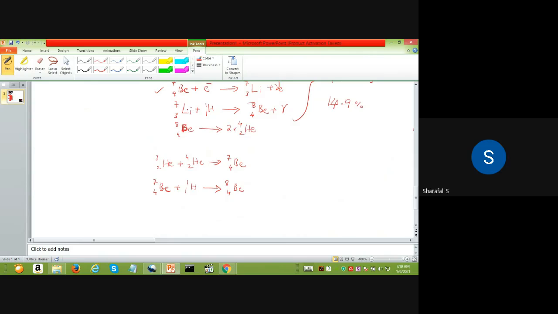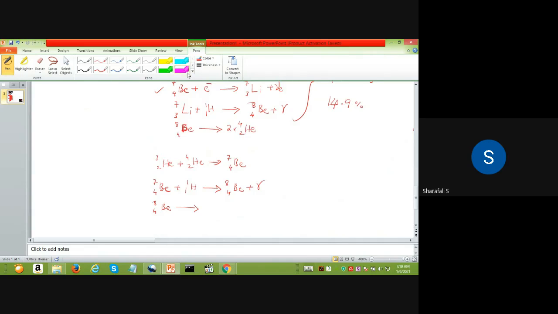Instead of converting to lithium, it goes directly to beryllium 8 by reacting with one proton, plus some gamma, that is photons.